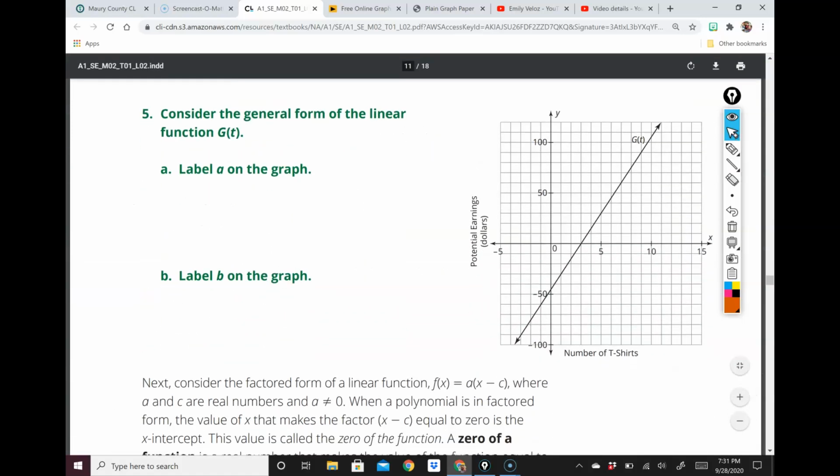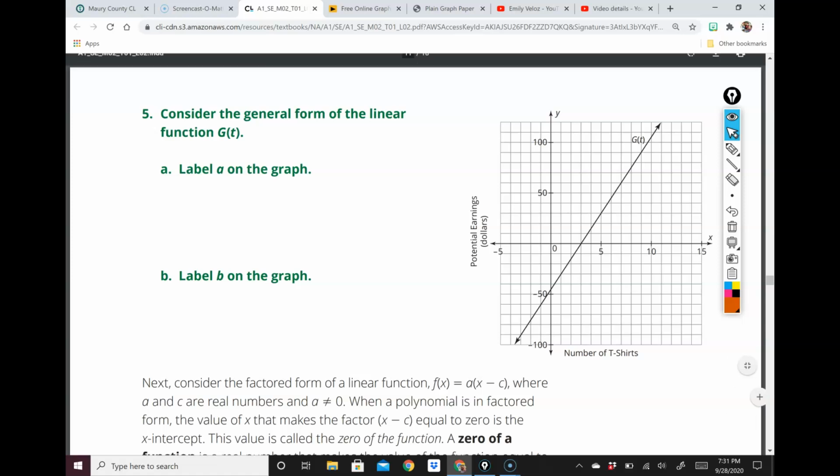Number 5. Consider the general form of the linear function g(t). Label A on the graph. So A is the same thing as talking about the slope. So I could use rise over run. I could pick out 2 points, but I want to pick out where it crosses in the corner. If you notice here, the x goes by 1.